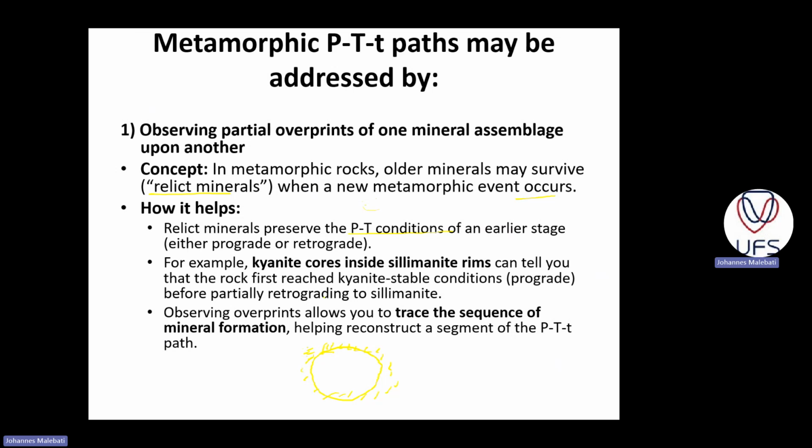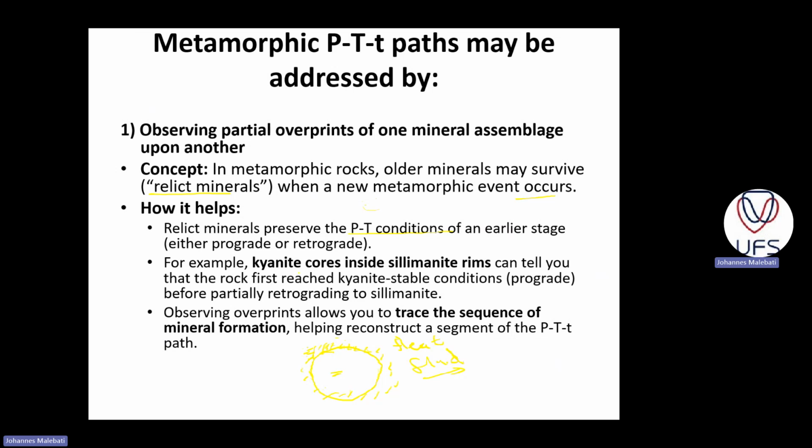That's why during retrograde we do not have the heat that we want, and we don't have the fluid that we want. So we end up with sillimanite not replacing the entire kyanite, but only replacing some of the kyanite along the rims.